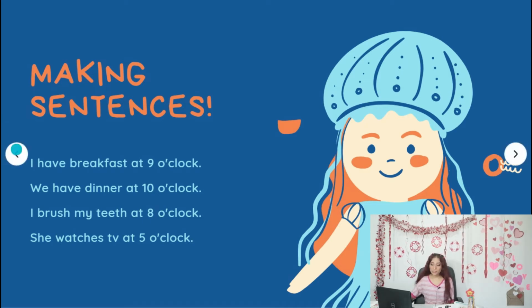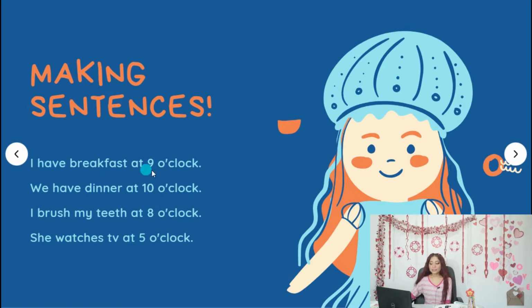For example, I chose I, we, I, and she. Next to it, you are going to add the vocabulary: have breakfast, have dinner, brush my teeth, watch TV. Then you are going to add the word at, and the time: 9 o'clock, 5 o'clock, 1 o'clock, etc., okay? And these are my examples.